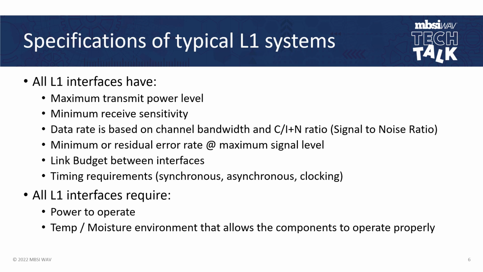We have what's called a link budget: the transmit power from one interface to the receive sensitivity of the other interface is called the link budget. I'm allowed so much loss in between because of the power that I'm transmitting and the sensitivity that I have. And then of course there's timing requirements oftentimes. In the data world, data is hardly ever completely asynchronous.